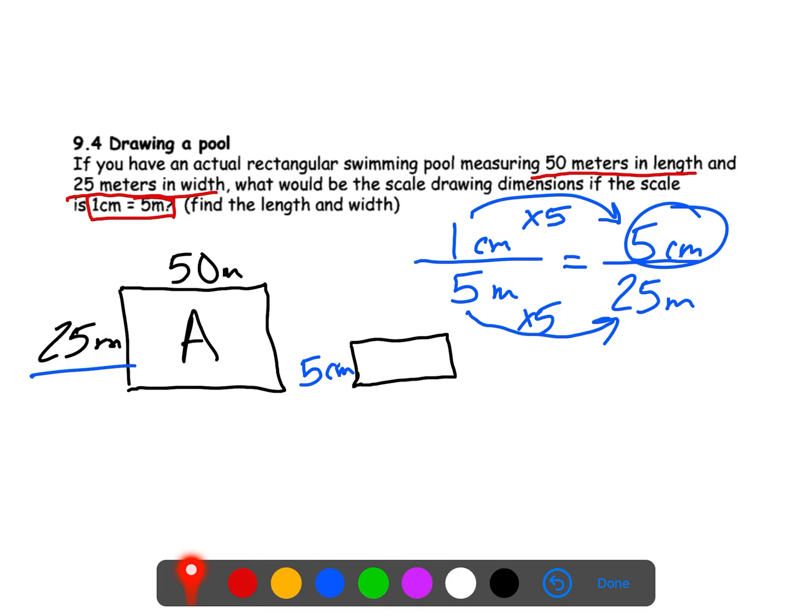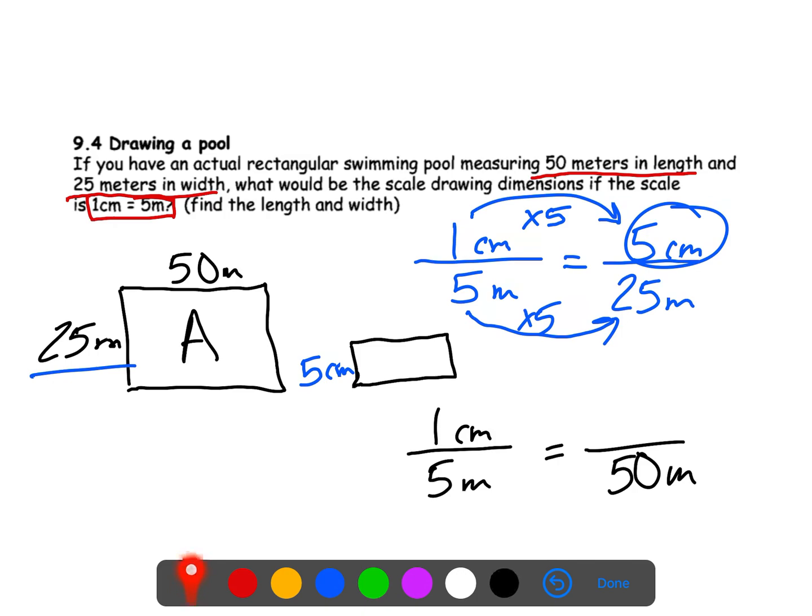So I can assume if the width is 5 centimeters, then the length should be twice that, or 10 centimeters. But let's double check that by creating another proportion. I'm going to start with my scale, and then compare that to the actual length of the pool. Remember, that's going to go here on the bottom of the ratio.